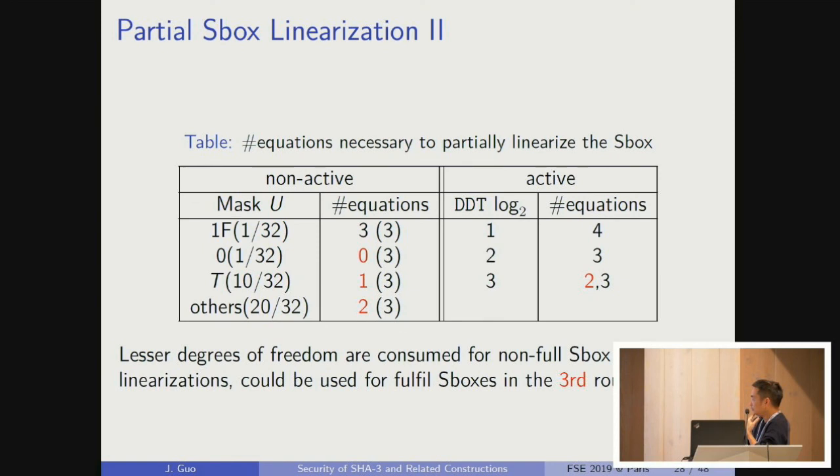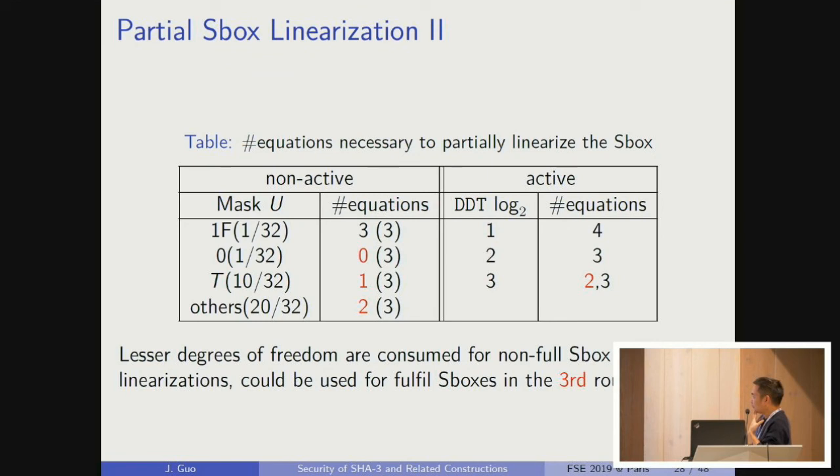So here's a summary of the linearization needed. Depending on the Hamming weights of the inputs, if the Hamming weight of the input mask is 5, it means all the bits need to be linearized. We already know 3 equations are needed, so we have to linearize 3 bits.